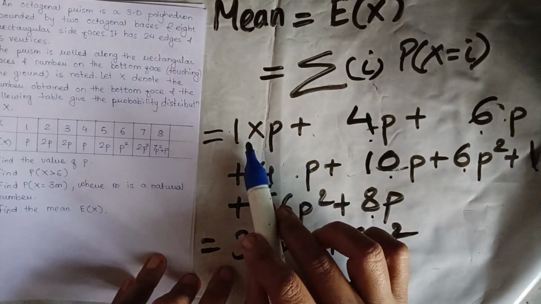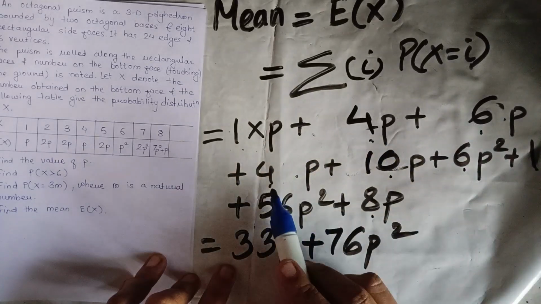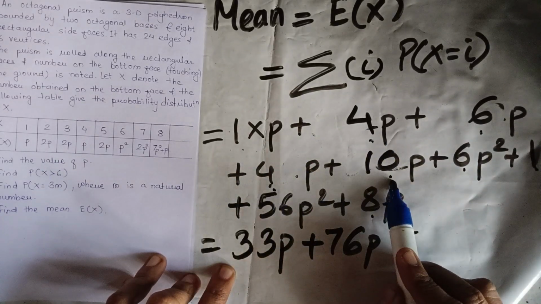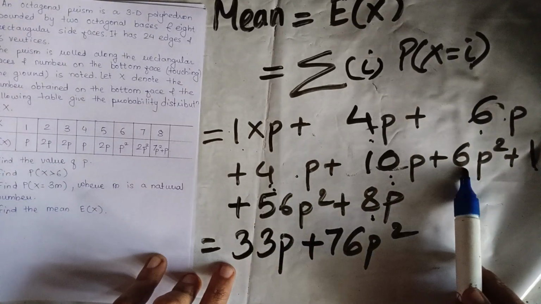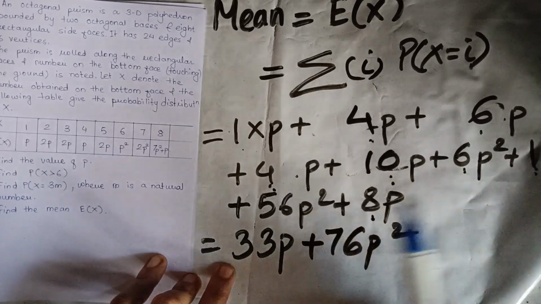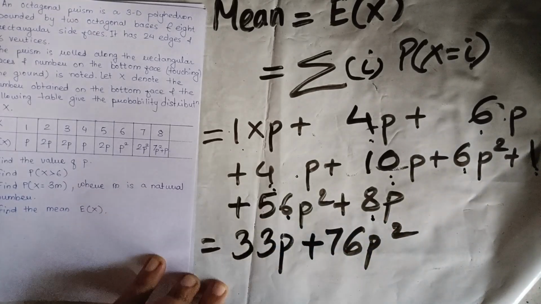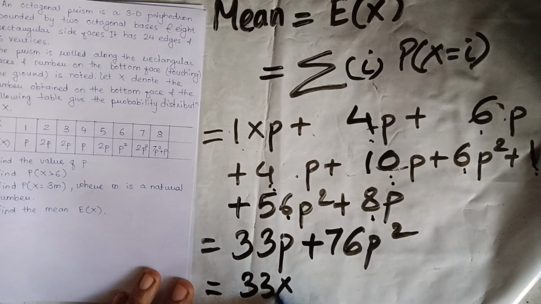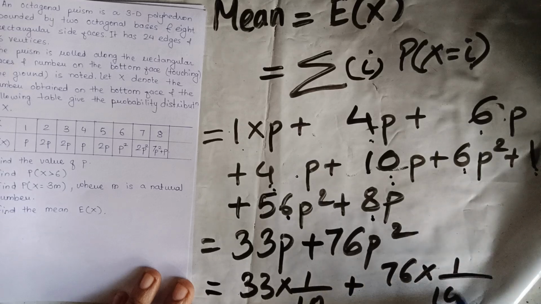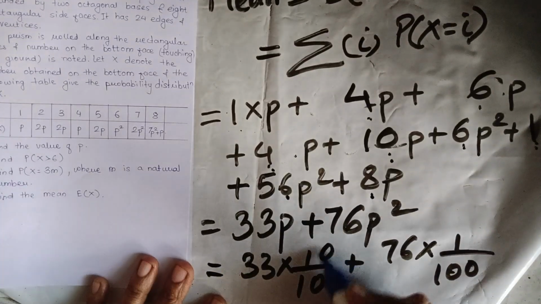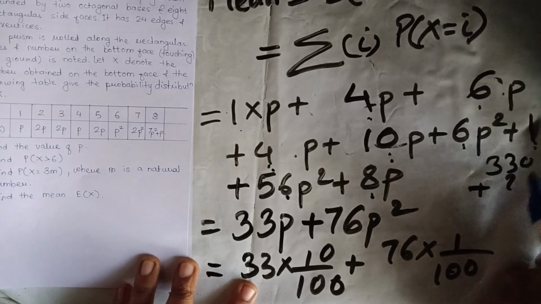Once again I'll add: 5, 11, 15, 25, 33, then 20 is 66, and 76. So substituting the value of P, here we can multiply by 10. So 330 plus 76.